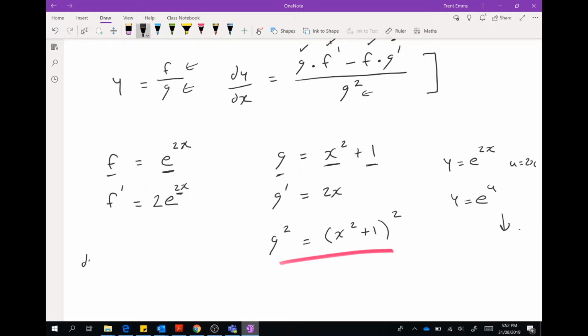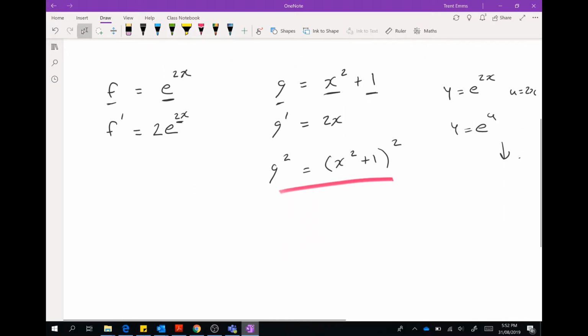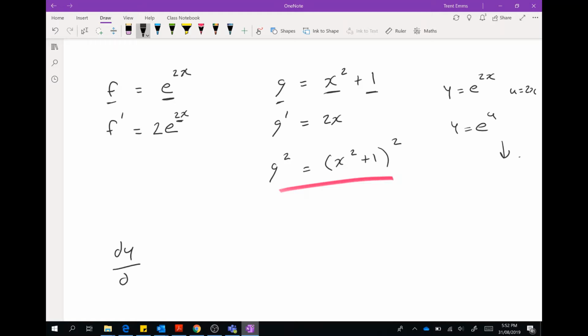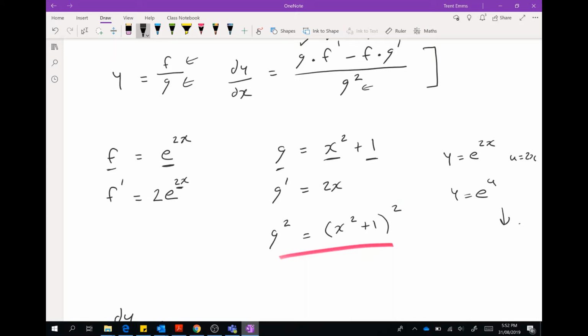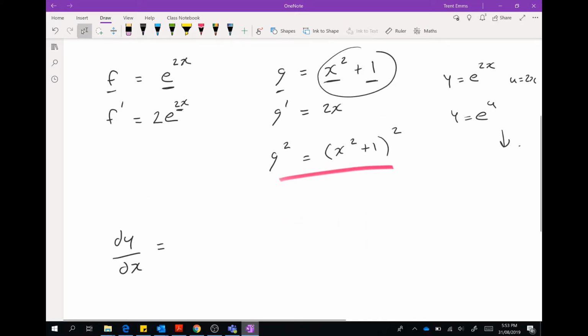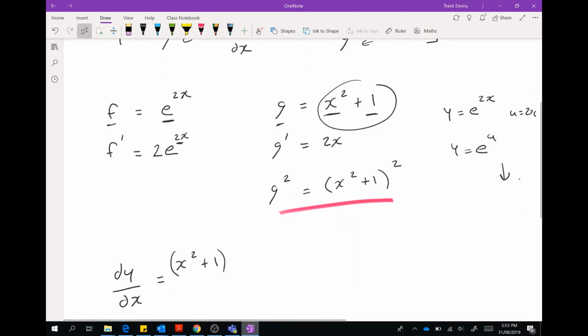So dy by dx is going to equal g times f dash. I'm actually going to write it down here. I'm going to get a little bit out of room. Dy by dx equals g, which is x squared plus 1, multiplied by f dash, which is this here, 2e to the 2x.